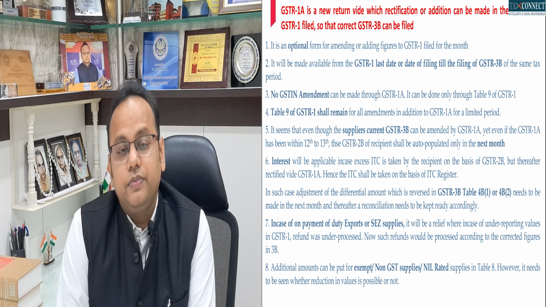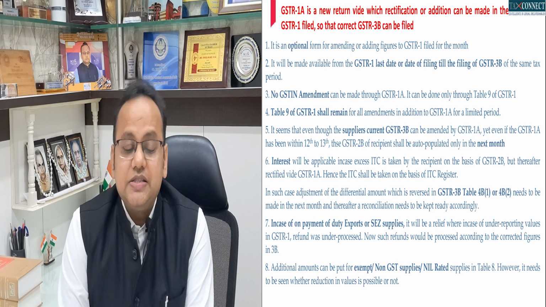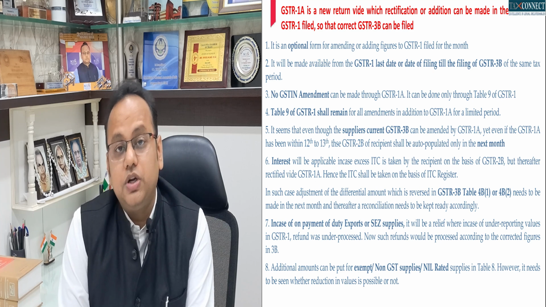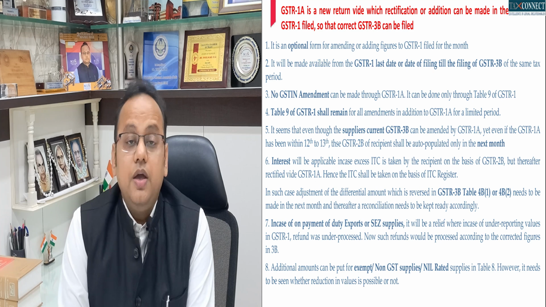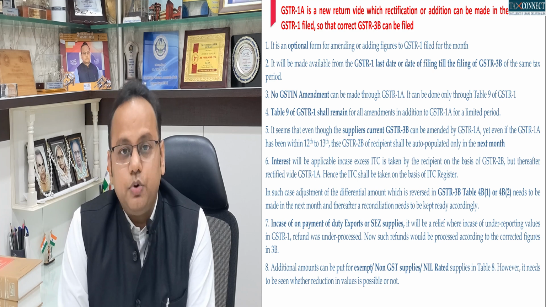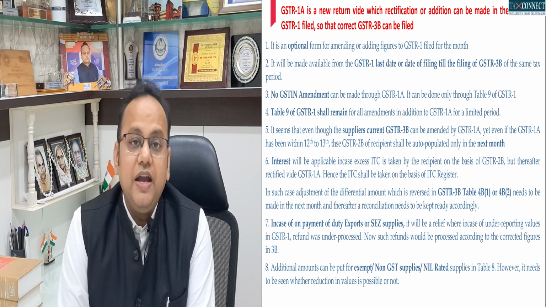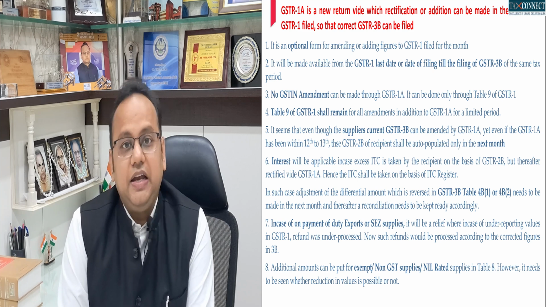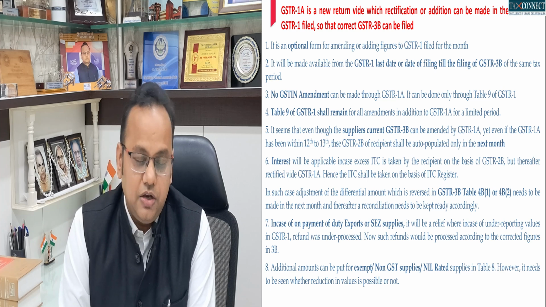This form GSTR-1A is a welcome move as far as exporters and SEZ suppliers are concerned, because say an exporter is exporting on payment of duty and it under-declares the tax amount or taxable value.